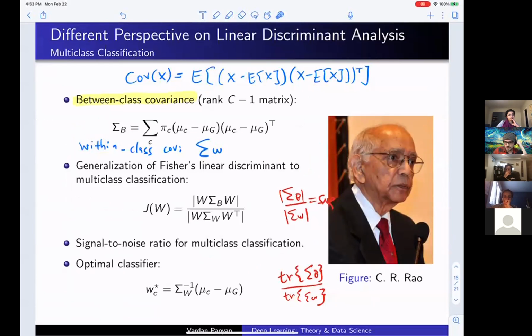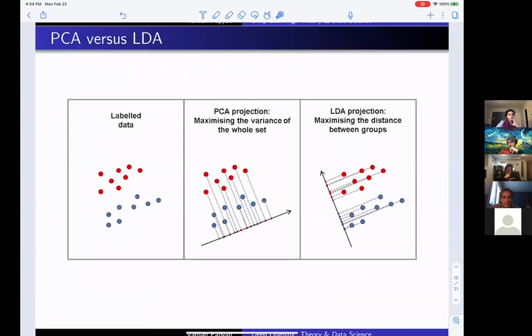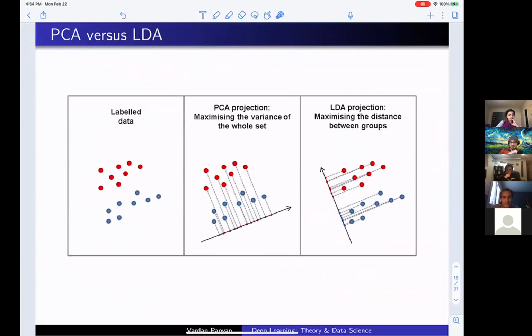There's a question. Is there a relation between signal to noise ratio thing and the optimal transport of some kind between the two projected Gaussians? I'm not aware of that. There might be, I'm not aware. That's a good question. So LDA is in fact very much related to PCA.